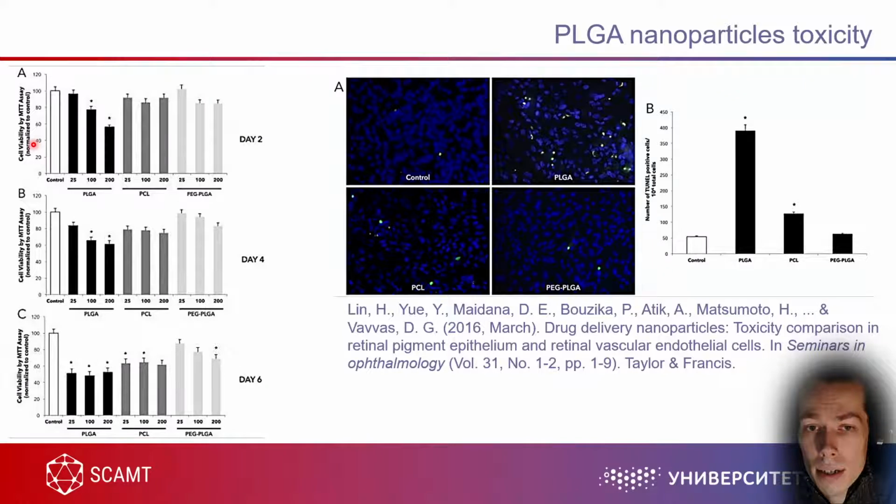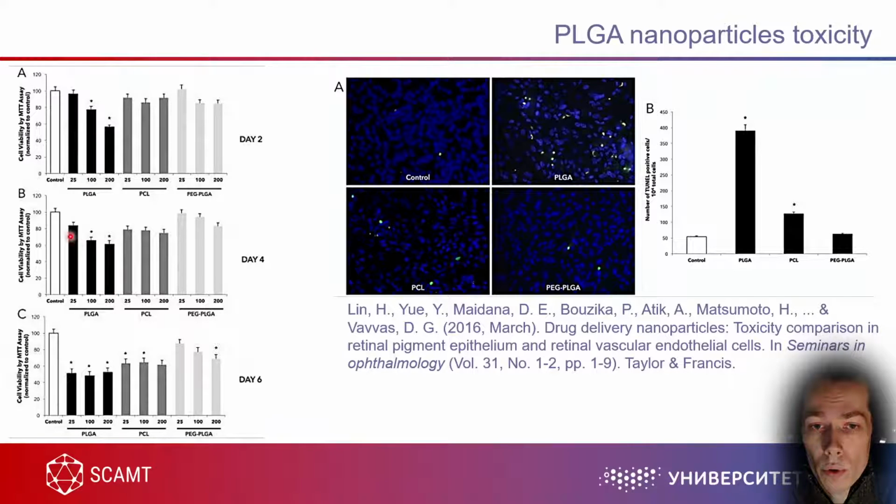If we look at other researchers, for example, using PLGA particles as drug delivery for different applications, if you look at PLGA or PEG-coated PLGA, PEG is polyethylene glycol, another biocompatible polymer, and PCL is another type of biocompatible polymer. If you look at PLGA at a very high concentration, like 200 milligrams per milliliter, I believe, you will see that PLGA is not so biocompatible after all.